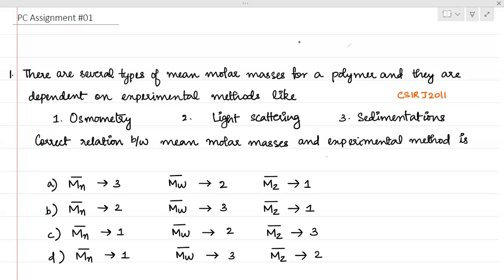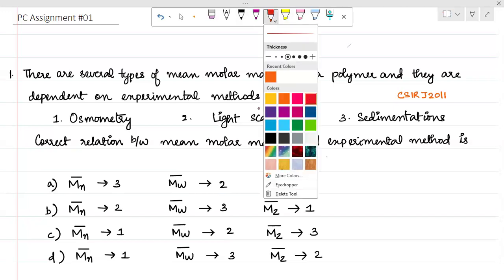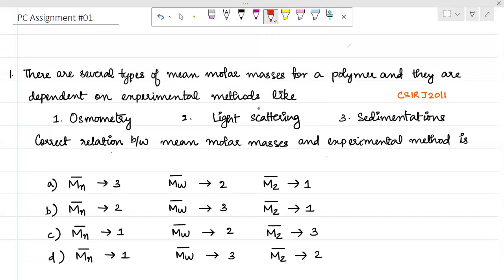The first question is, there are several types of mean molar masses for a particular polymer, and they are dependent on experimental methods like osmometry, light scattering, and sedimentation. We have to match them. Osmometry is the technique used for determining the number average molecular weight, so one matches to Mn.